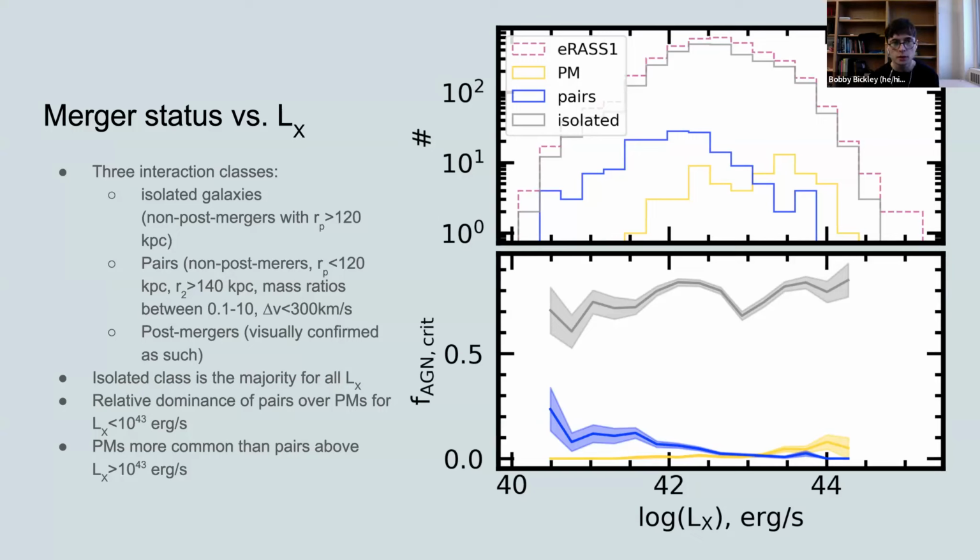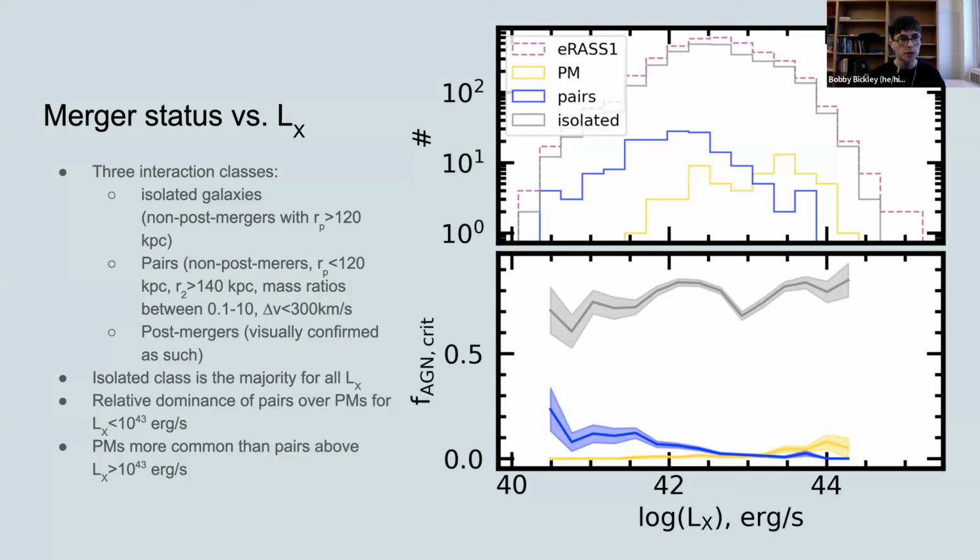But I think the interesting result on this plot is in the relative dominance of galaxy pairs and post-mergers at different luminosities in X-ray. So for lower X-ray luminosities, below something like 10 to the 43, we see that pairs are typically more common. There's a higher pair fraction compared to the post-merger fraction at these luminosities.